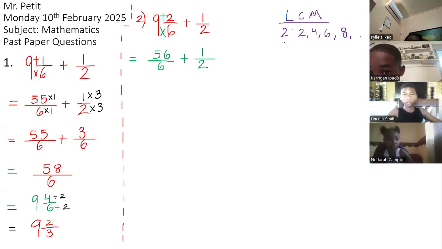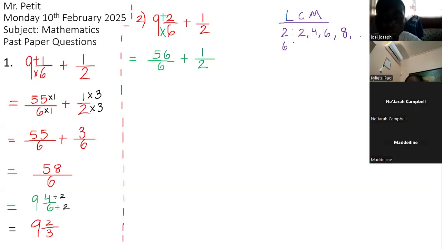What are the multiples of 6? 6, 12, 18, 24, and the list goes on. So based on this, what is the lowest common multiple of 6 and 2? 6.